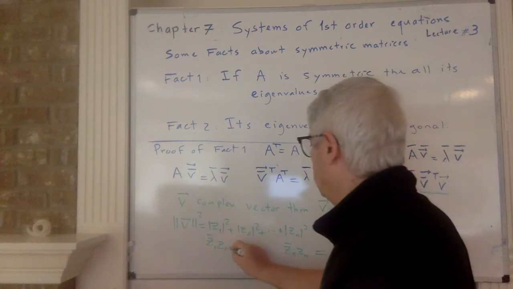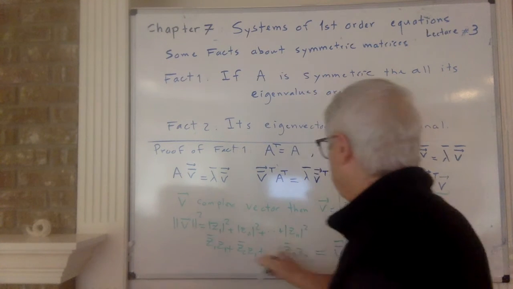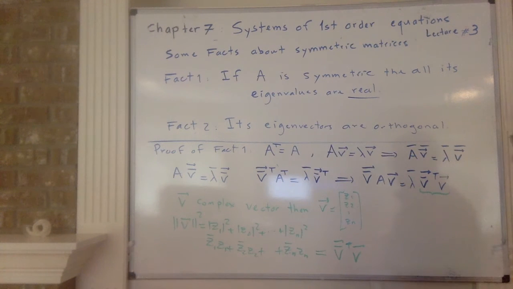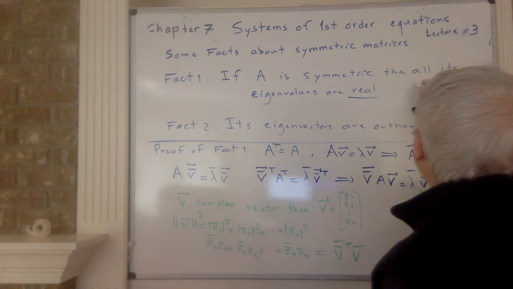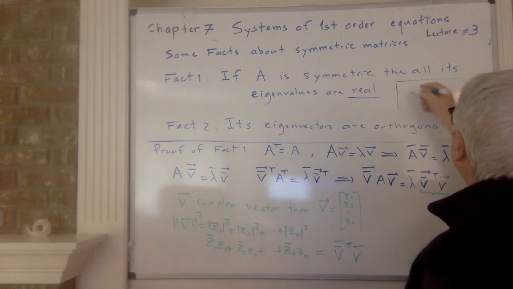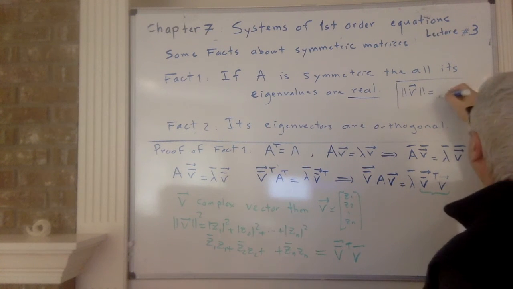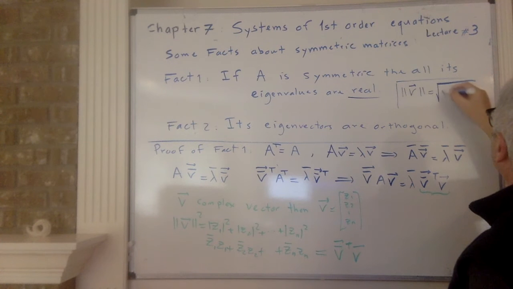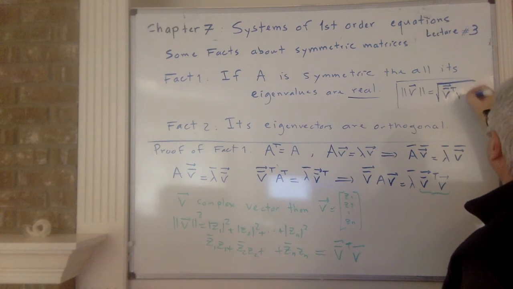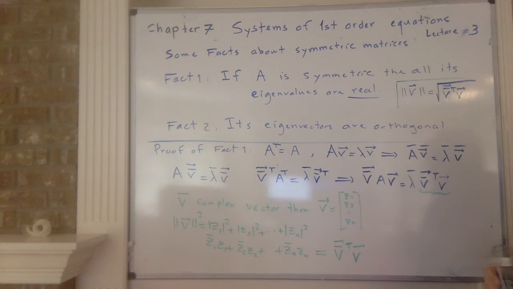This is like two vectors multiplied. It is this times this. So I can write somewhere here, let's open a box, that the magnitude of V as a complex vector is the square root of V bar transpose V. Remember, for real vectors it's something similar, except there is no bar.